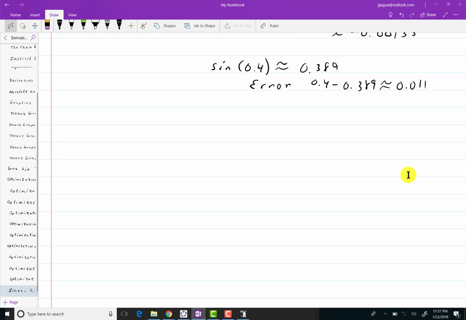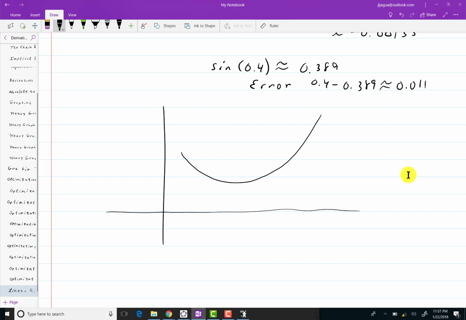In general, we'll have some sort of a curve, let's say. Maybe that's our f of x. And you find yourself a tangent line to that curve at some point.